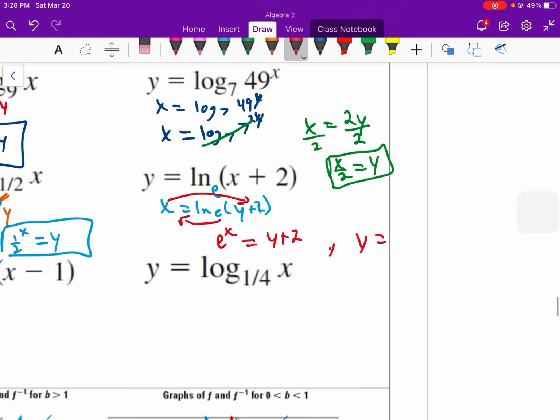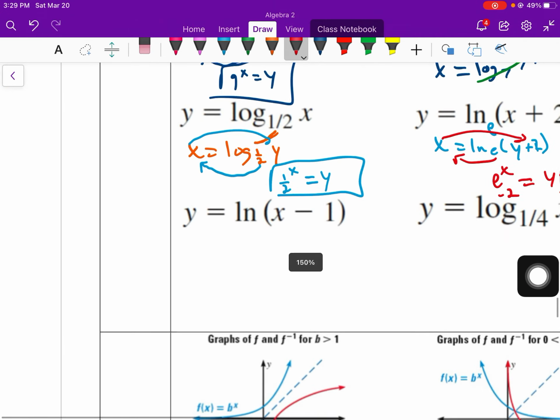So then that becomes y equals e to the x minus 2. What I did is I subtracted 2 from both sides, and then I wrote it as y equals. And I hope you notice that e to the power of x and the natural log of whatever our solution here is, those are inverses.